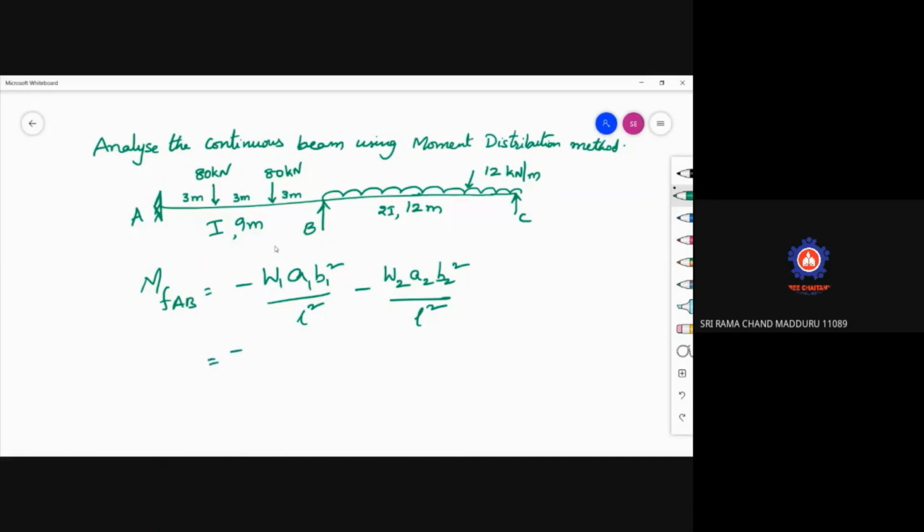That is nothing but minus 80 into 3 into 6 square by 9 square, minus 80 into 6 into 3 square by 9 square. Then from this you can calculate MFAB. Similarly, MFB.